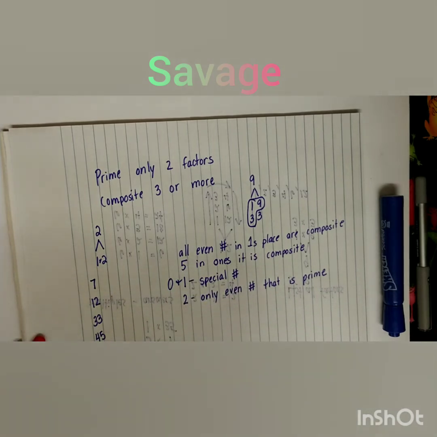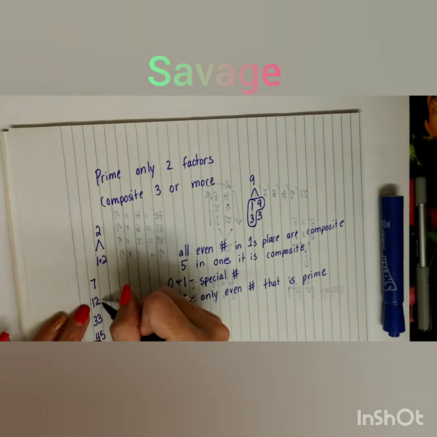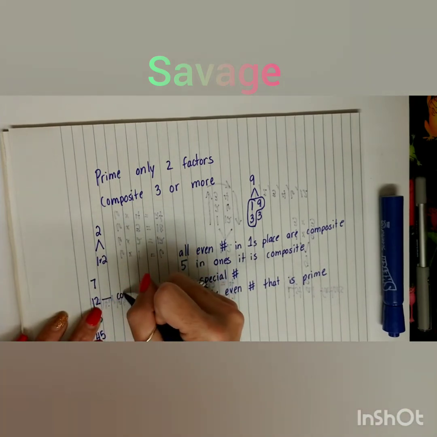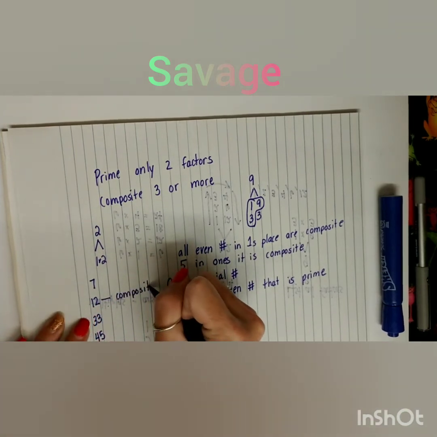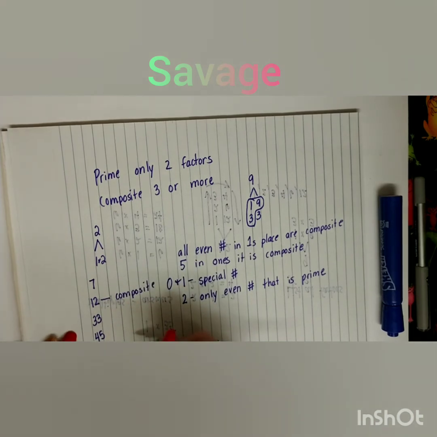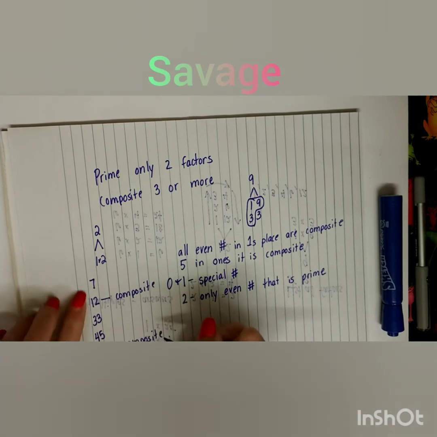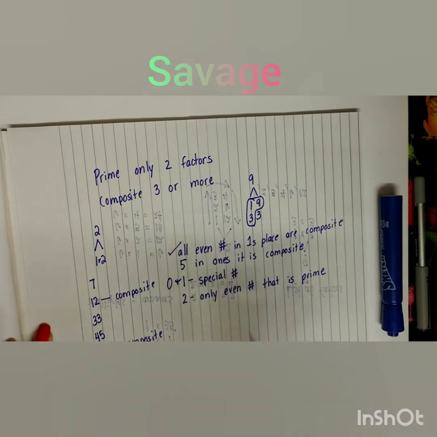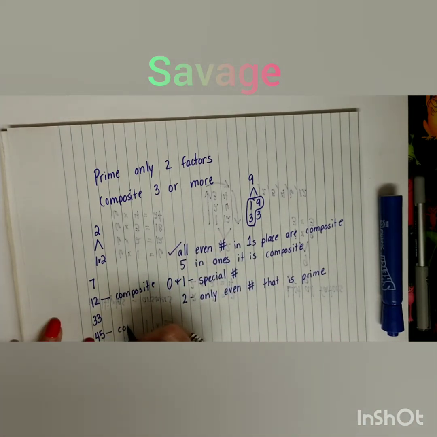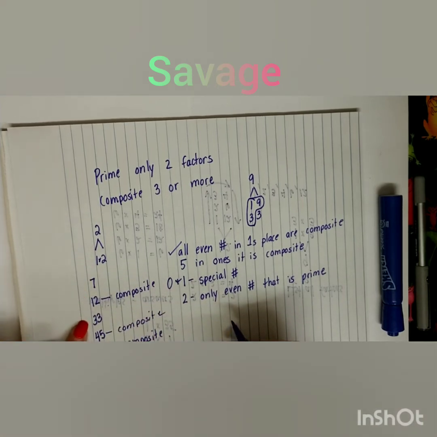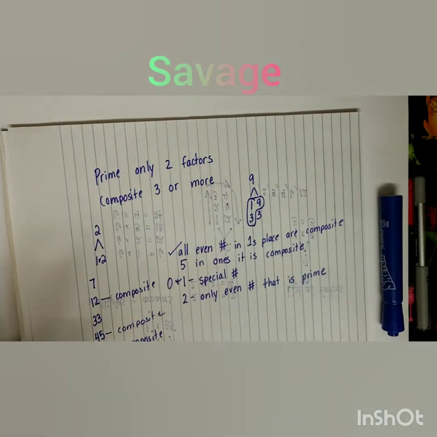I look for anything that's even in the ones place and mark it. 12, a 2 is even, that's composite. 50, 0 is an even number in the ones place, that's composite. I have a 7, a 3, and a 5, which are all odd in the ones, so that rule is done. Next rule: 5 in the ones place makes 45 composite. That leaves me with these 2 to figure out, because with odds you're going to have to work. Sometimes the odds work, sometimes they don't.